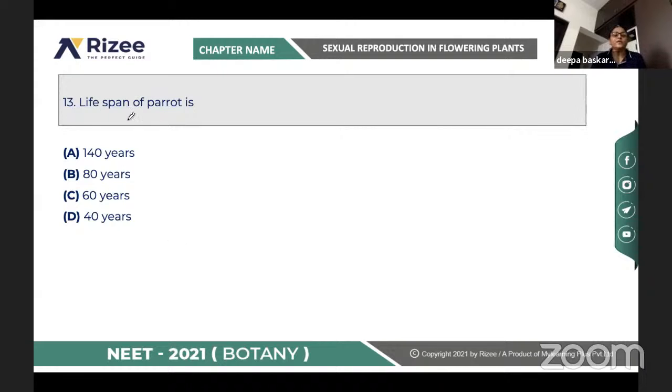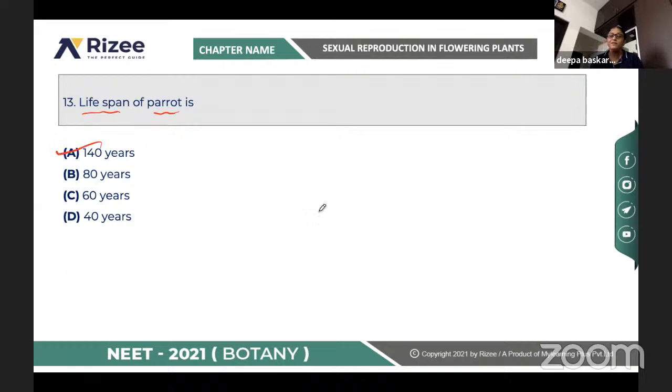Yes, the 13th question, again from Reproduction in Organisms. Lifespan of parrot is. While talking about lifespan, you have to remember that lifespan and size do not have any correlation. The size of parrot is very small, yet it has 140 years of lifespan.